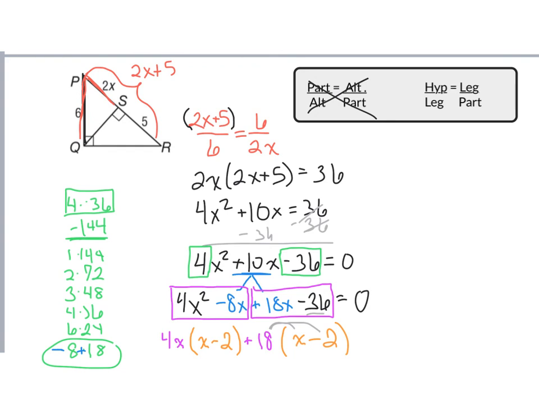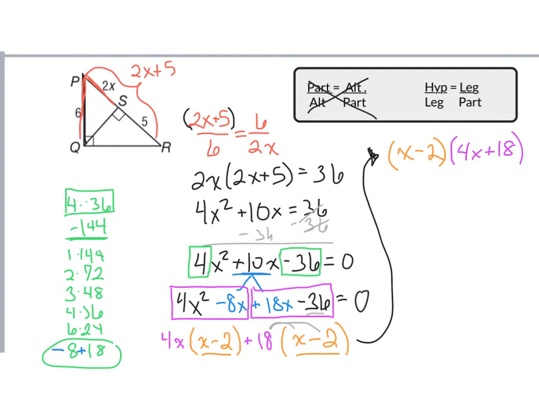Now I can see my two factors, and I'm going to come up over here so I have a little more room to work. One is already in parentheses for me, the x minus 2. The other one is my 4x plus 18, the stuff I took out.